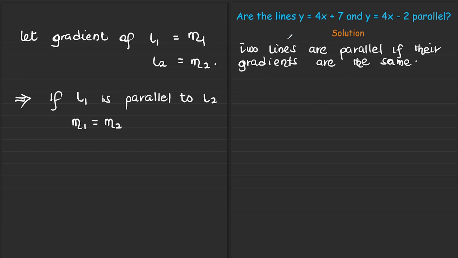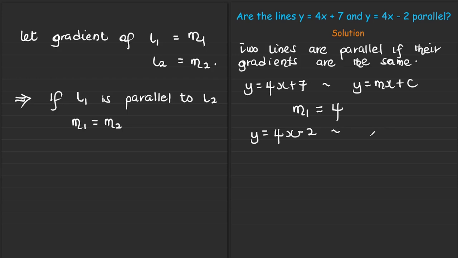Using our first line, y = 4x + 7, if you compare it with the slope-intercept form y = mx + c, you realize that m, the coefficient of x, which we name m1, will be 4. For the second equation, y = 4x - 2, comparing it to y = mx + c, our m, let's call it m2, would be 4.